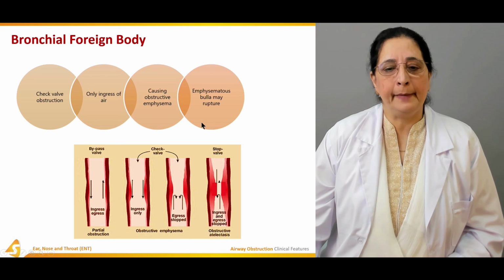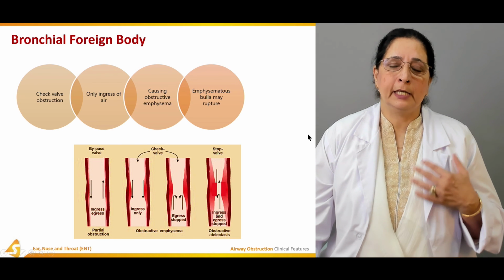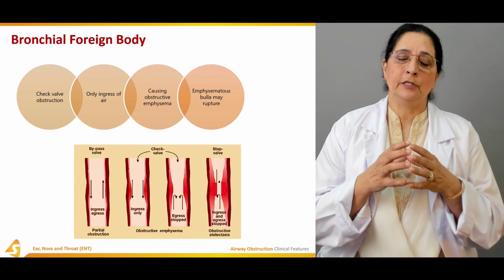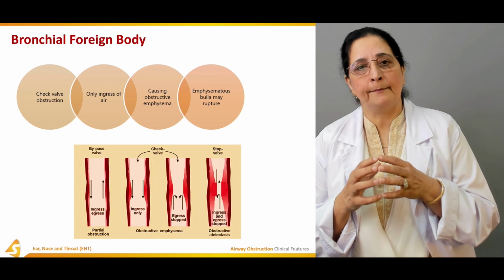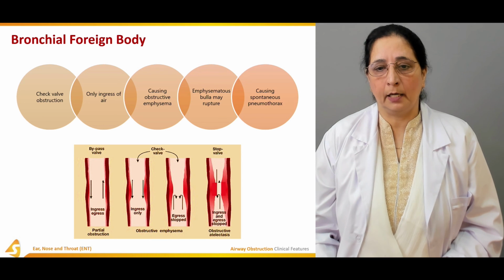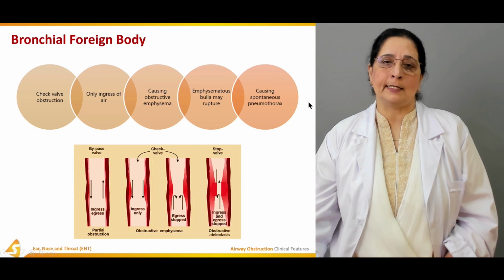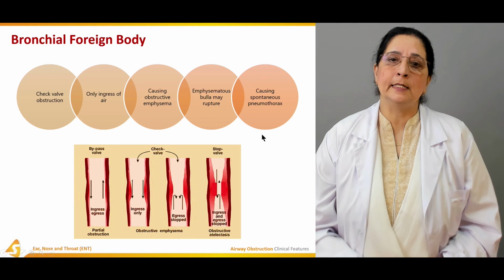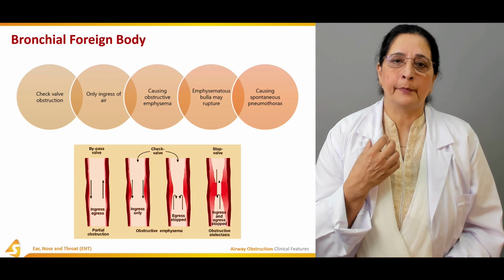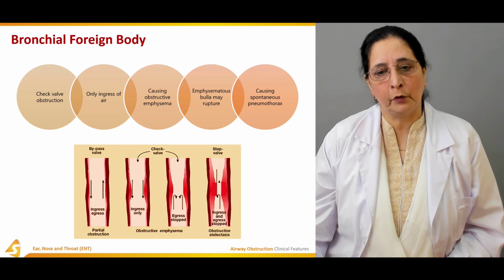An emphysematous bulla may rupture. The bulla that is formed as a result of emphysema can rupture and cause pneumothorax. Pneumothorax is the presence of air in the chest, and when the bulla are ruptured, it can cause pneumothorax.